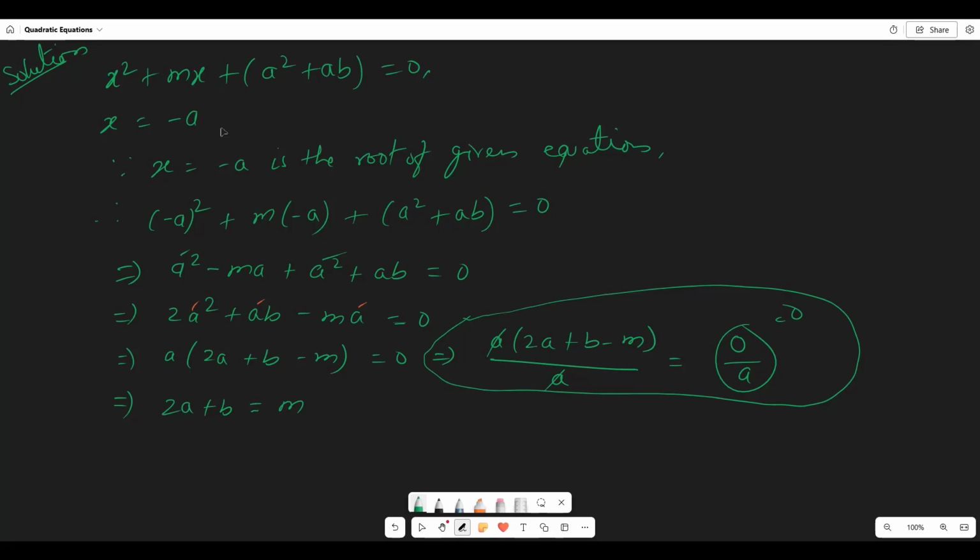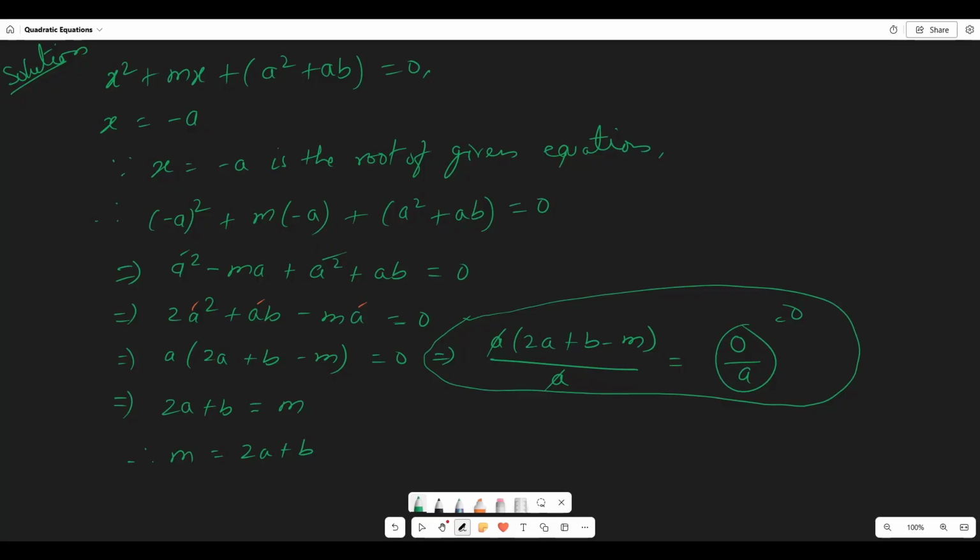So left hand side minus m will be eliminated, and in the right hand side we will get m. So in the next step we can just write our answer: m equals to 2a plus b. That's it.